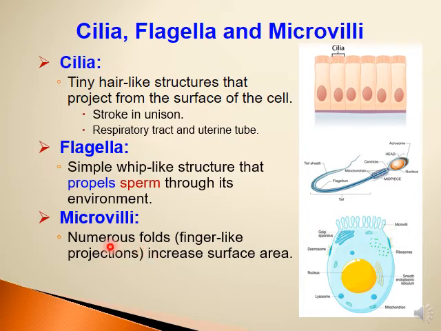There are numerous folds, finger-like projections, and the main aim of the microvilli is not motility, not movement like the cilia or the flagella. It is to increase the surface area, and this is very important in organs where absorption is important, like the alimentary canal, especially the small intestine. So they aid in the absorption.